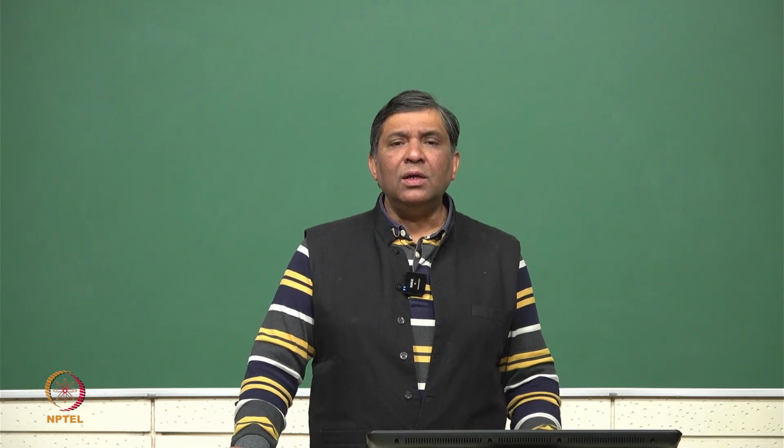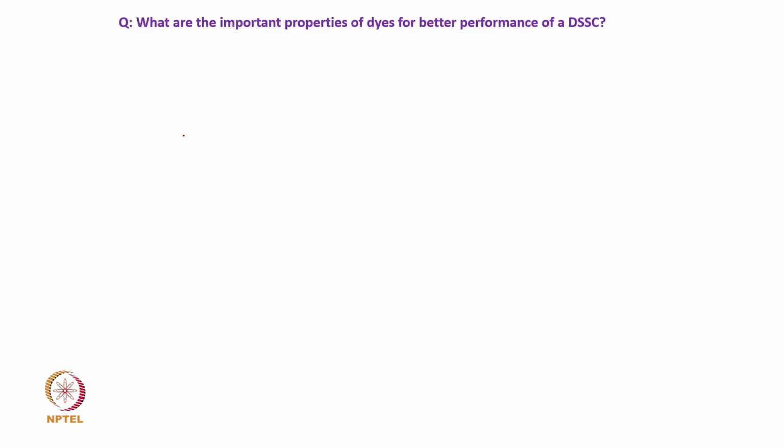Now comes the question: what are the important properties of the dye? Okay. So, one property is definitely that it should have the capability of absorbing light from a large spectrum, better absorption capability across the solar spectrum.